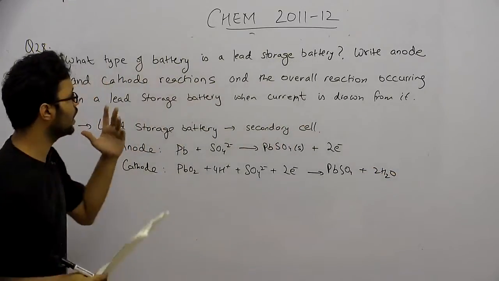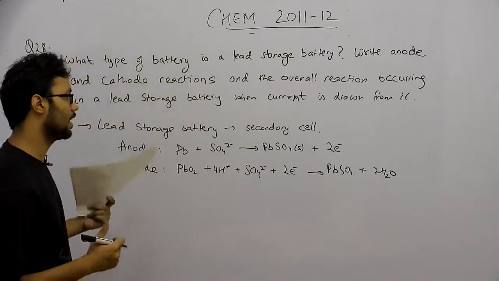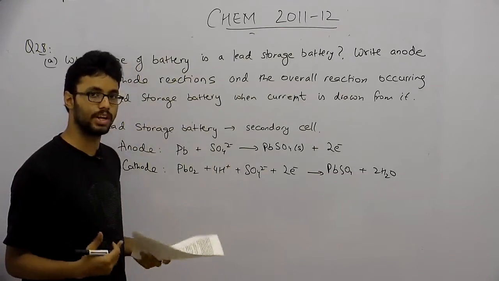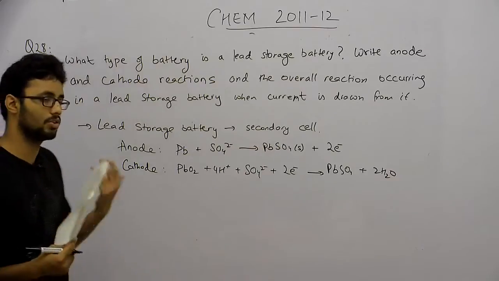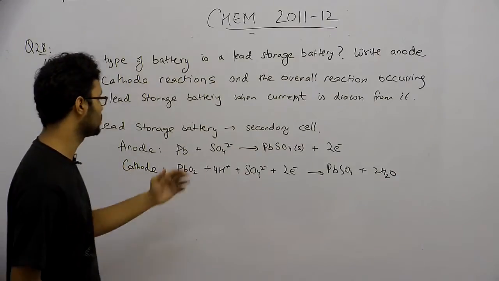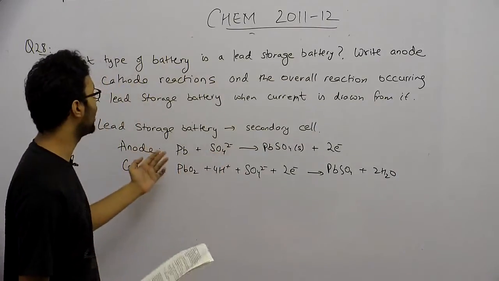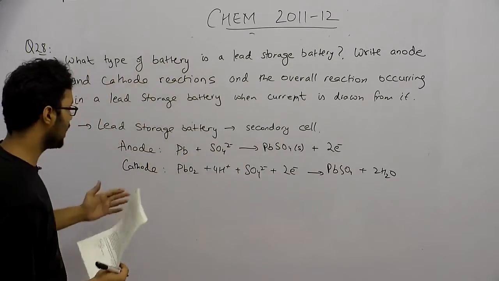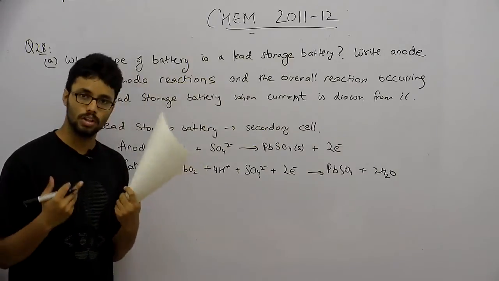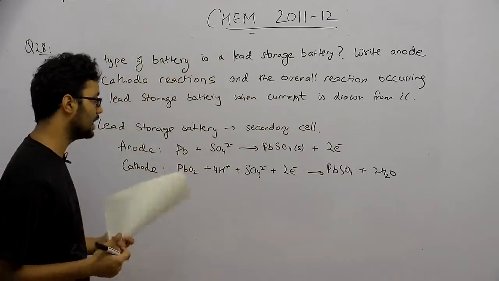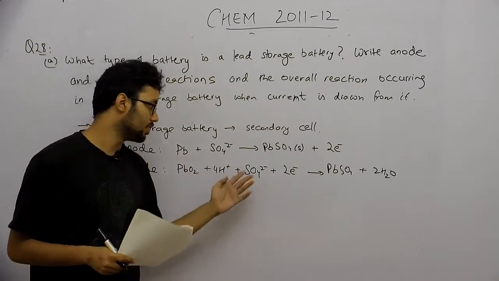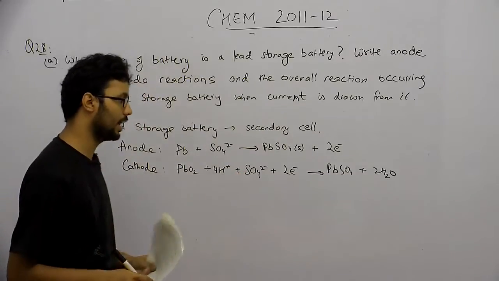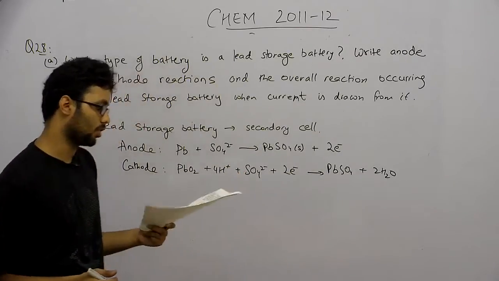So as we know, in a lead storage battery there is sulfuric acid present in large amount in liquid aqueous form. So sulfate is used at the anode with lead to form lead sulfate, and at the cathode the solid lead oxide is reacted with sulfate ions to form lead sulfate and water.